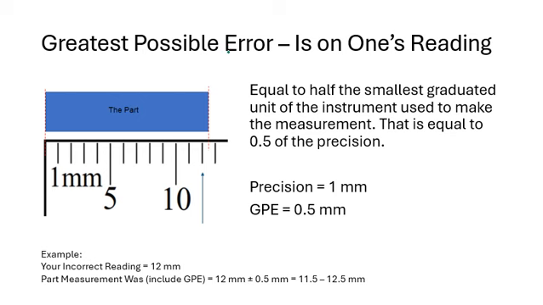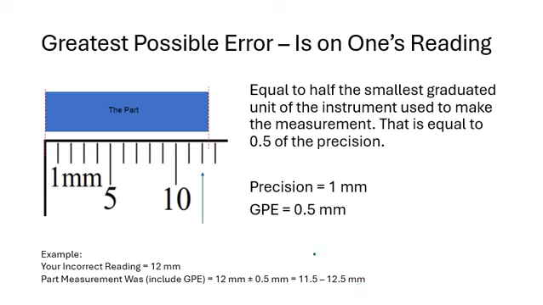So we are going to add the greatest possible error value to our reading, and all you have to do is go plus or minus off of that original reading. So that's a 12 millimeter reading, plus or minus 0.5 millimeter is the possible error you would have committed. We now get a range, and that is 11.5 all the way to 12.5 millimeter.